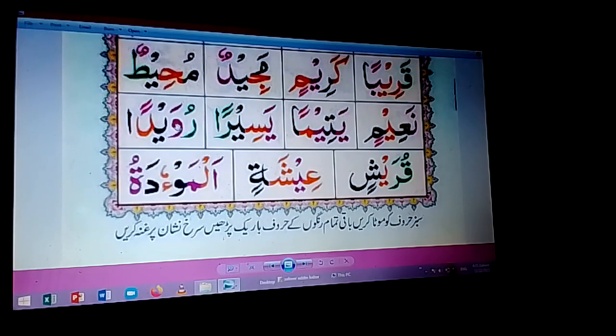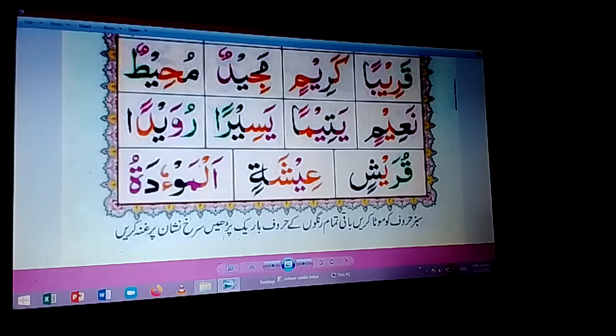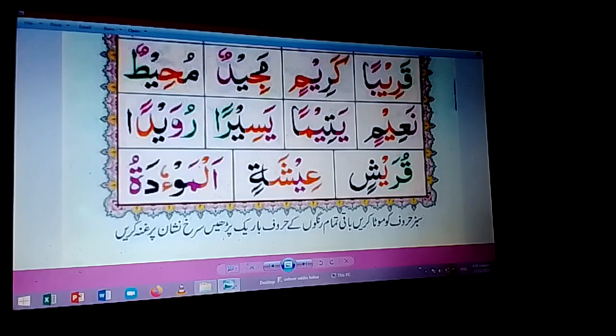This waw does not have kasra. In fact, it has fatha. That's why it won't be longer. It will be shorter. How to read? Ru vai, not ru vee. If there is kasra, then you can say ru vee. Then it was longer, but here is fatha, so the sound is different. That's why it wouldn't be prolonged. Ruvaidan.